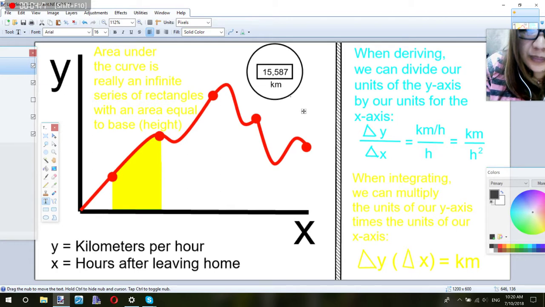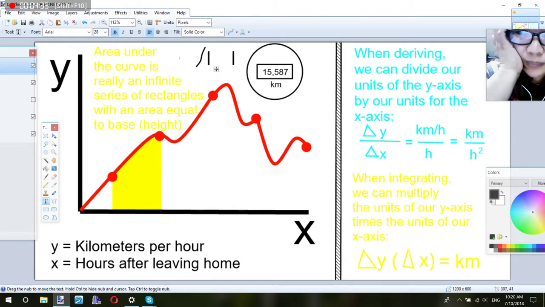If you wanted that, so you would want the total distance traveled instead, which would be equal to your integral of the absolute value of your function in terms of x.